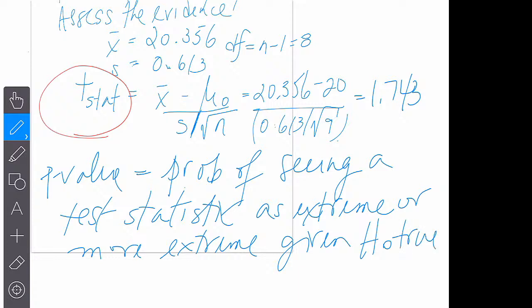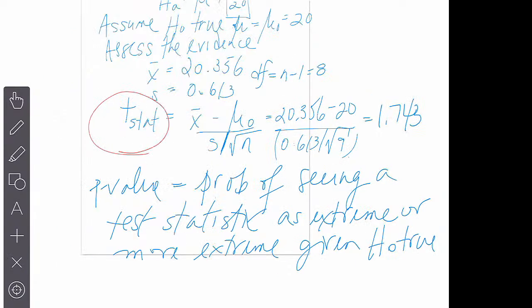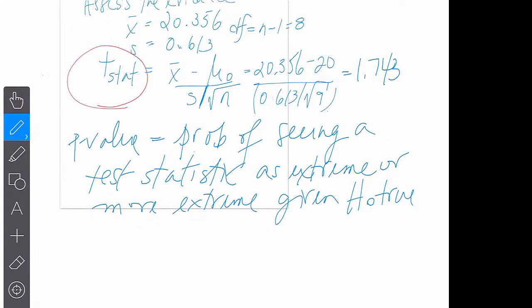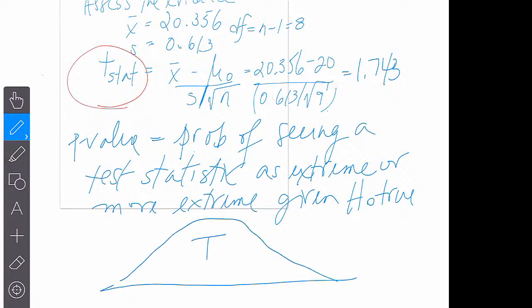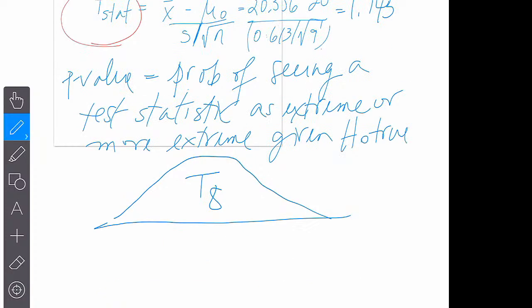So what we're doing, I write that out, you don't ever have to write that out, or maybe it might appear in a multiple choice problem, but what you want to do is figure out the chance on the T, in this case T8 distribution, the probability of seeing a test statistic as extreme or more extreme.